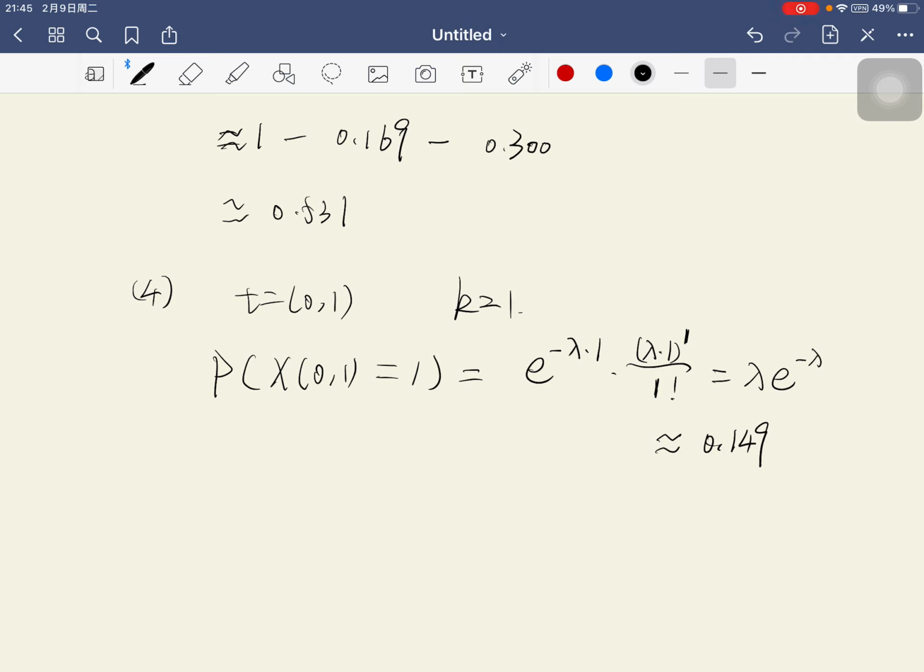So the probability that in 1 minute exactly 1 customer arrives is 0.149.